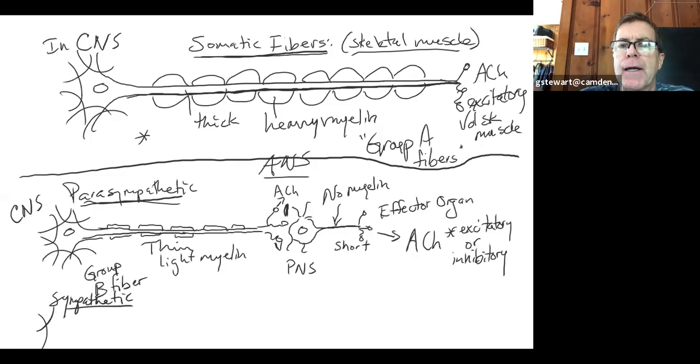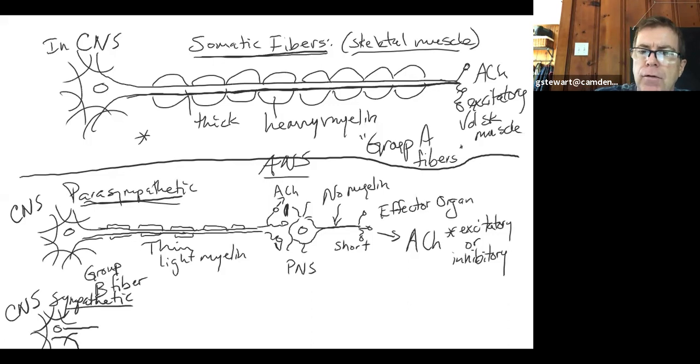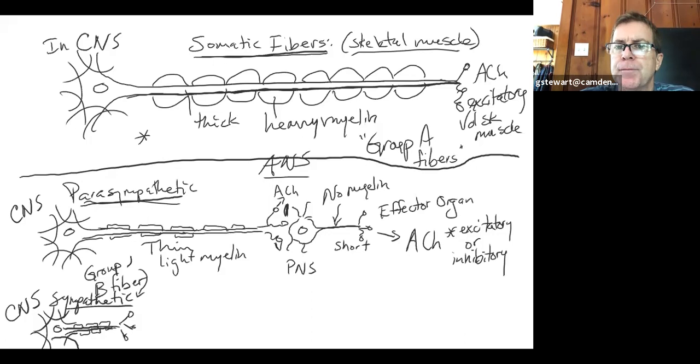We've got cell body still originating. It's not letting me draw down there. Still originating in the central nervous system. This is a very short fiber. It's also thin, lightly myelinated. Thin, lightly myelinated group B fiber. So this goes with this as well.